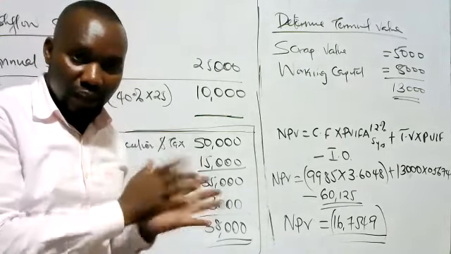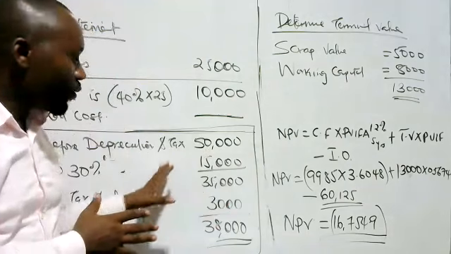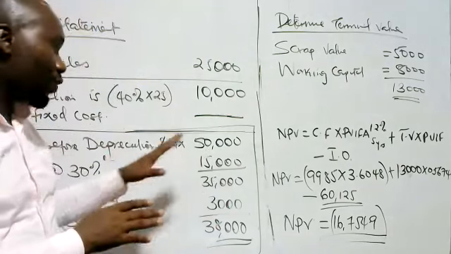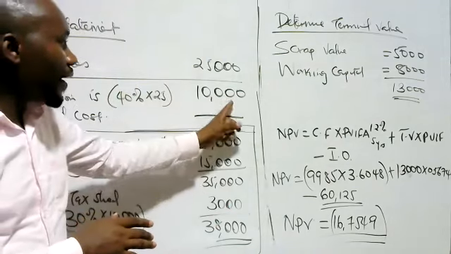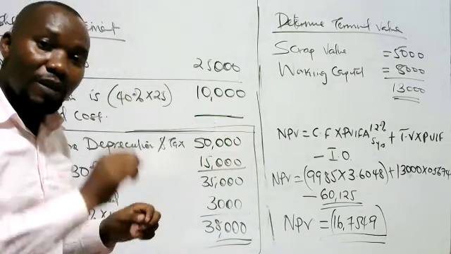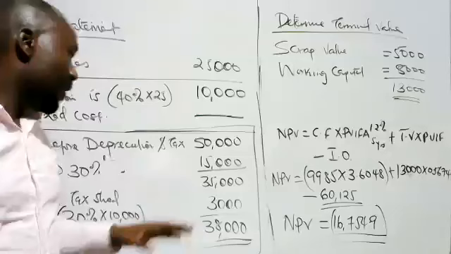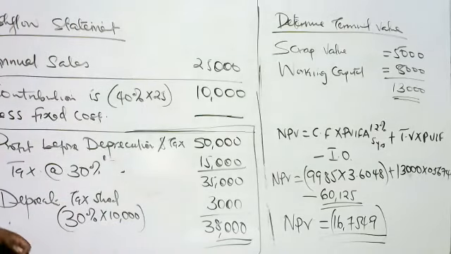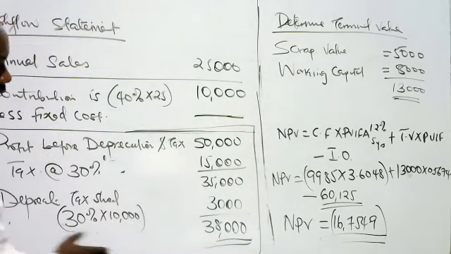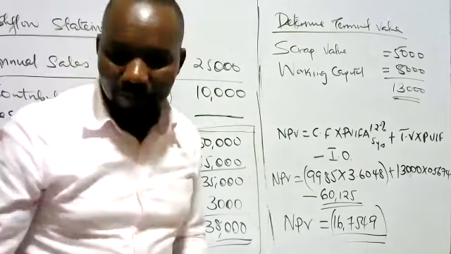That's why I didn't get it. They didn't expect you to use the old one. That is why imekataa. Ukitumia hiyo, profit yenyewe ni 10, depreciation is 16,000, haingekuja hapa. But they knew that you're supposed to use depreciation tax shield. That is why inakuja hivyo. But I just proved to you that when you use depreciation tax shield and the old formula, the cash flow still comes the same way. And that is the most important thing.